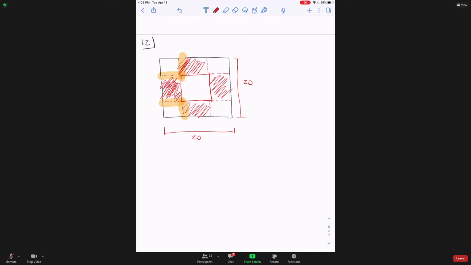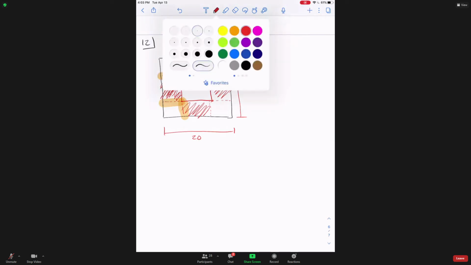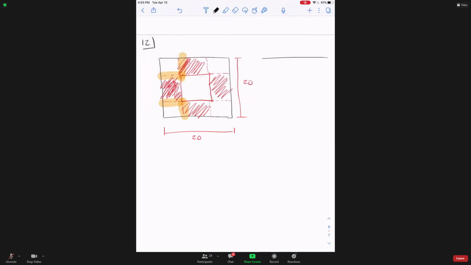Now, the question is, when you do this, how much of the corner should you cut out? If you cut out too little of a corner, like this next picture, you're going to have a huge base, but the height of the box is going to be very little.